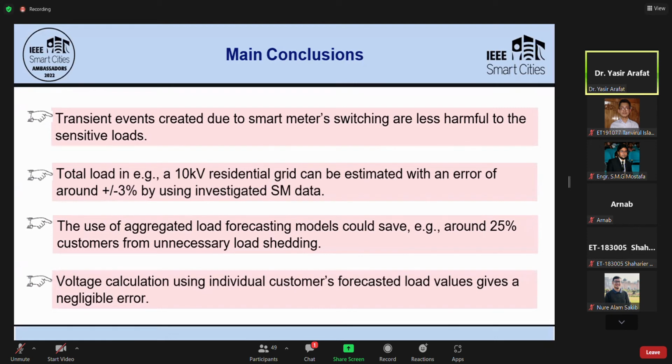By using the load flow model and also the smart meter switching model, we performed a small scale load shedding, but we used that information to make a scenario of large scale load shedding in MATLAB. There we have seen that by integrating the load forecasting model and switching model with the load flow model, we can easily calculate what the voltage value would be for the remaining customers, because this is important.